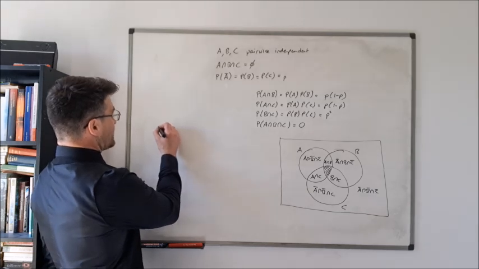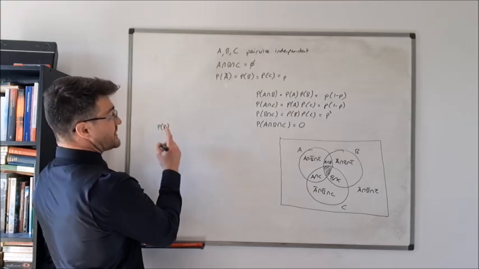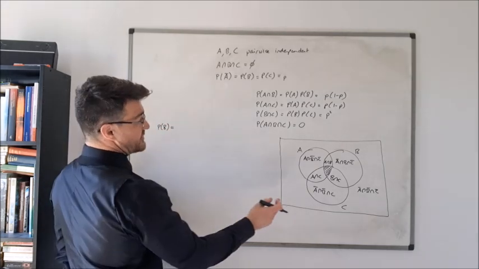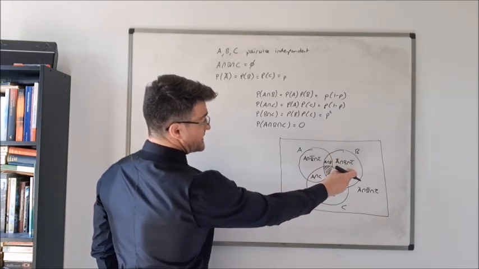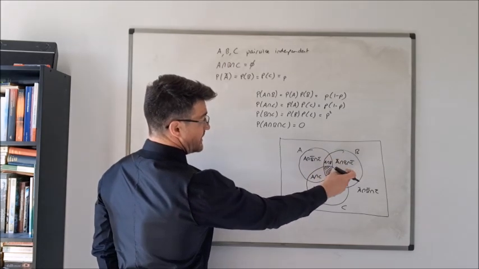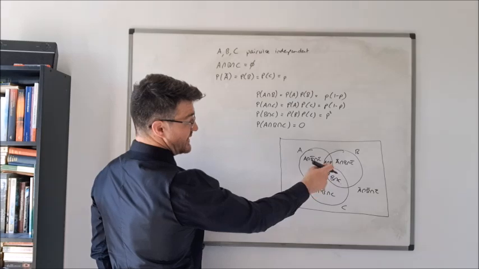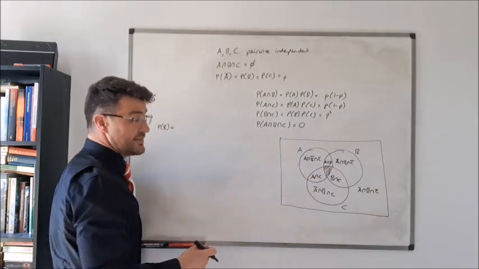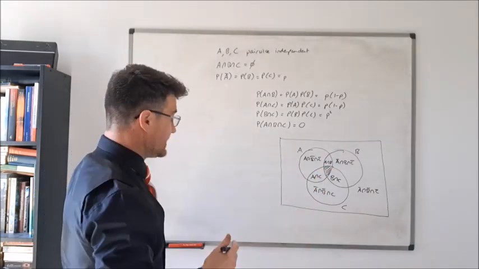So let's start with the probability of B. I can express the probability of B as the sum of the probabilities of each of these three events. This bit here, the intersection of all three, A, B, and C, remember, is the empty set.